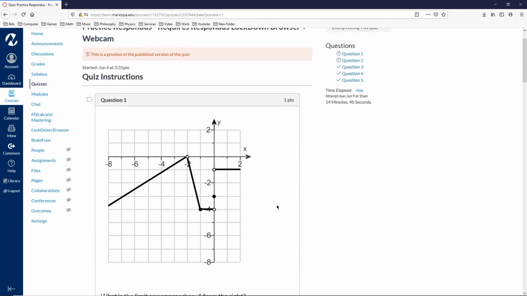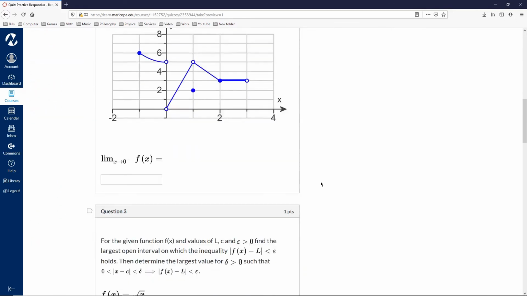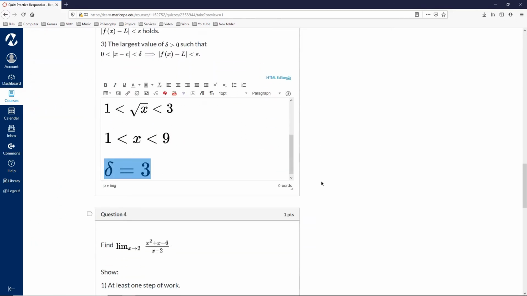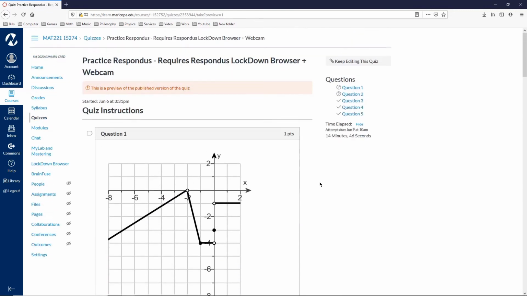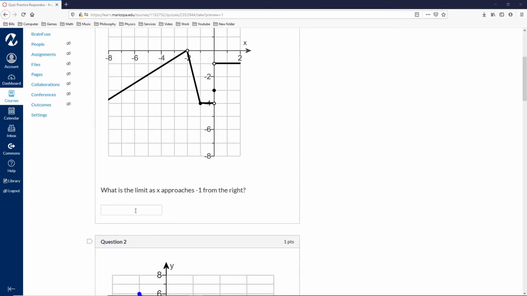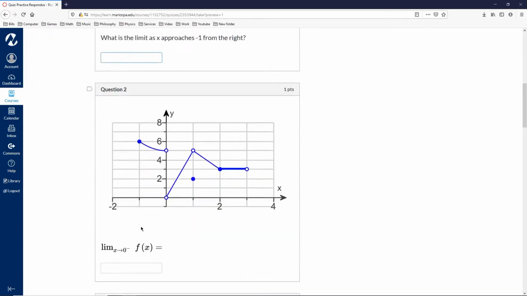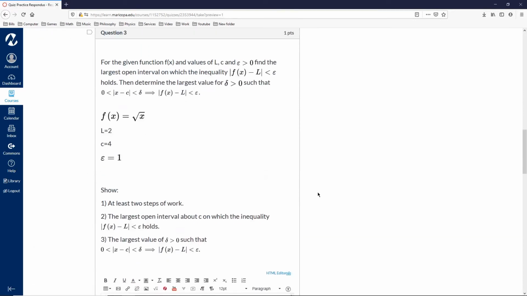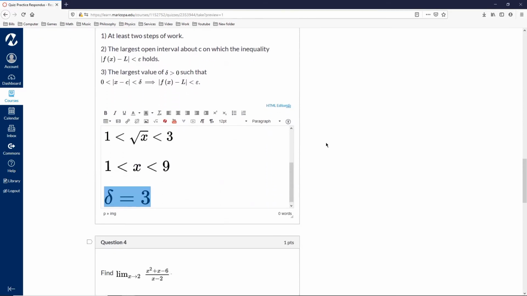This is exactly what you'll see when you do the practice. And the computer will grade you on these inputs, these boxes here, but I will manually grade the essay ones.